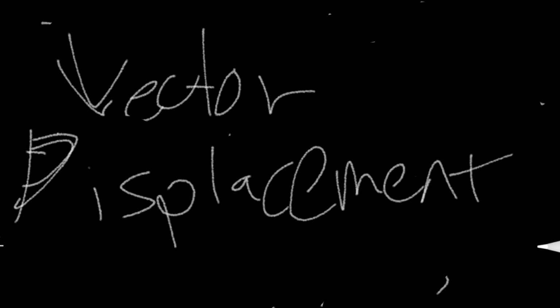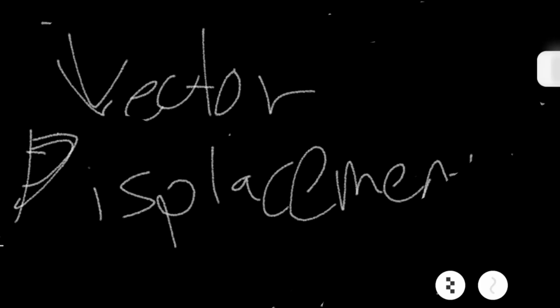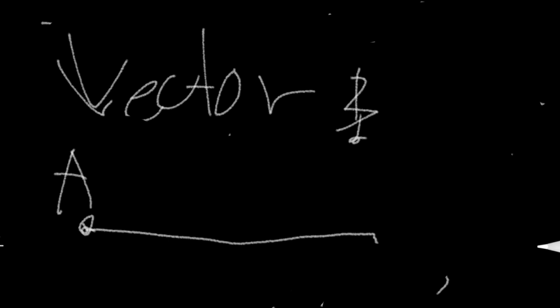Displacement is a little different than distance. We talk about distance as the total measure of the path traveled. Displacement is the straight, shortest distance between point A and point B in a straight line. So for example, from point A to point B, there's a road going west, then going north.